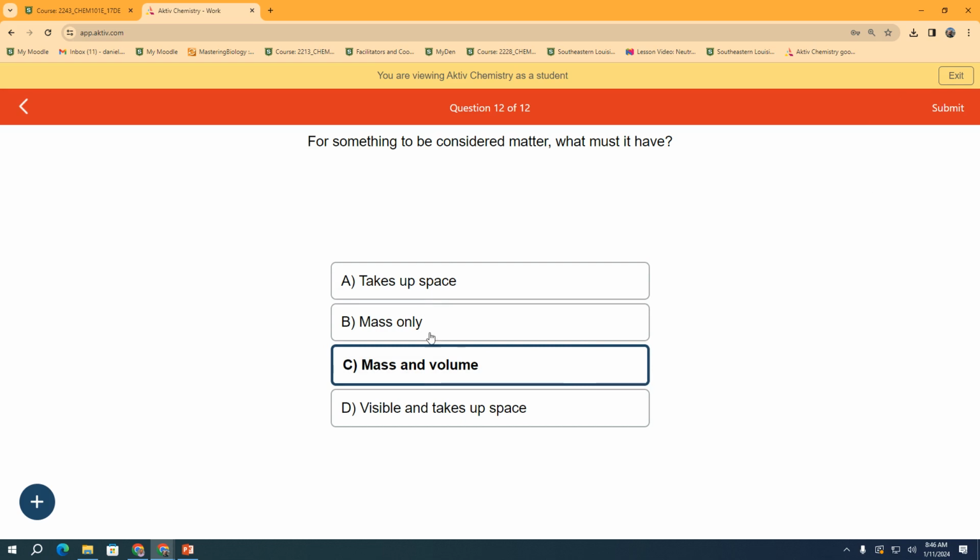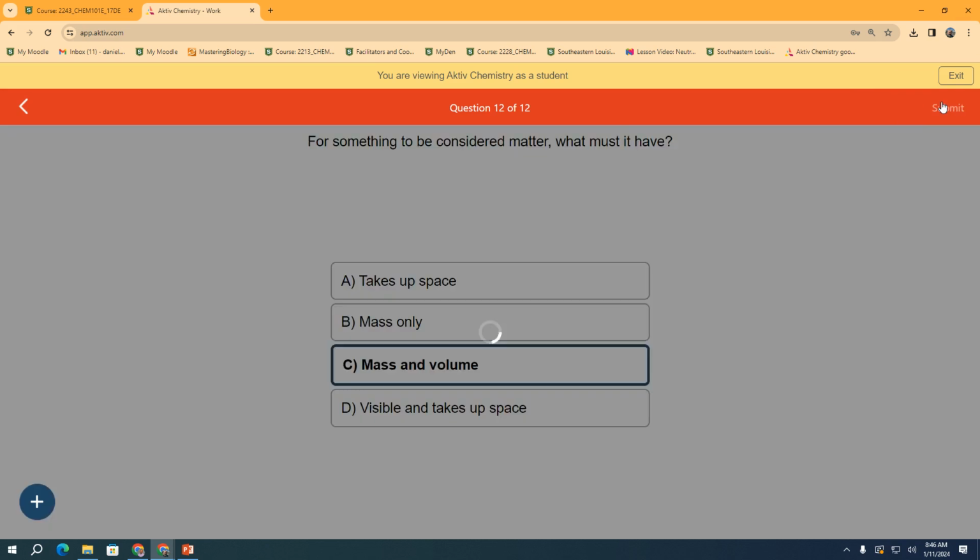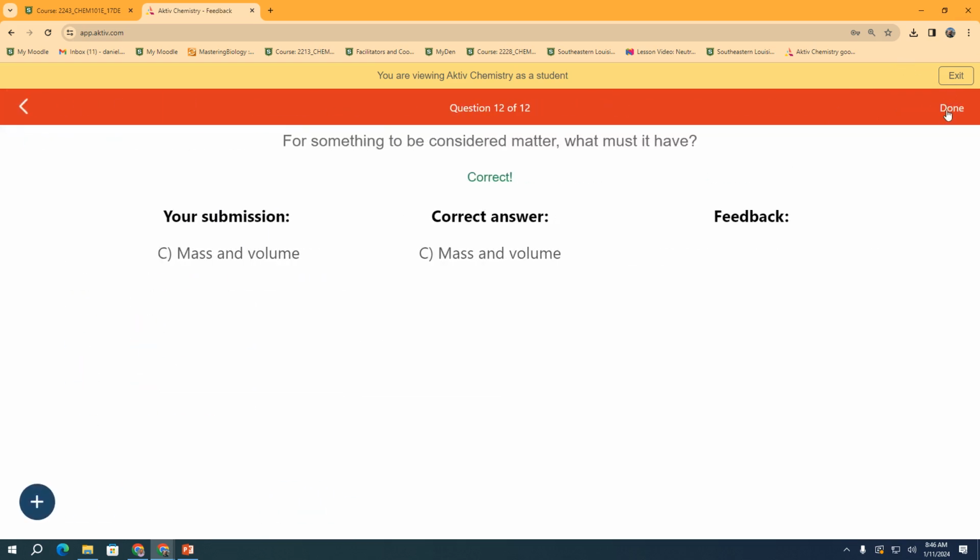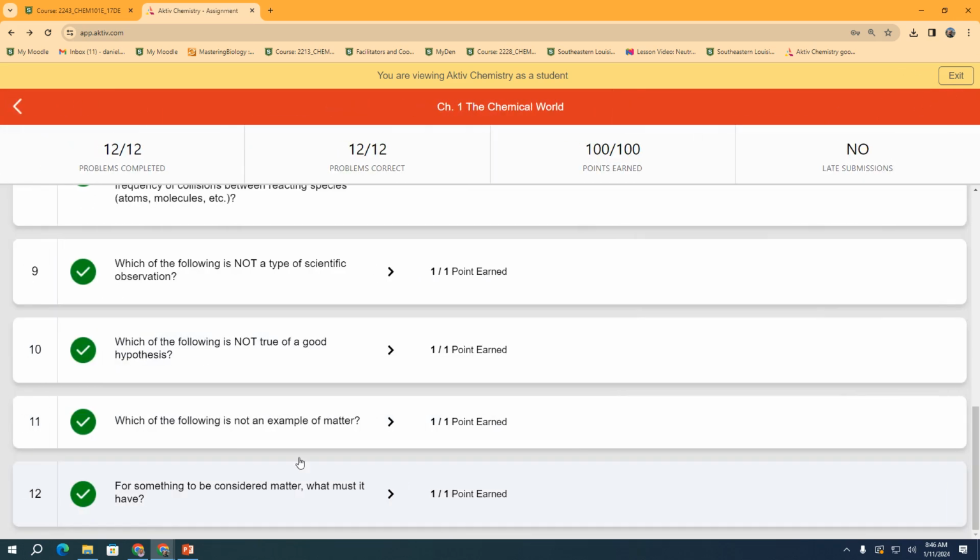So this one is the best answer because takes up space is true, mass only is true. This is not totally true because it doesn't have to be visible. So the best answer is mass and volume. All right.